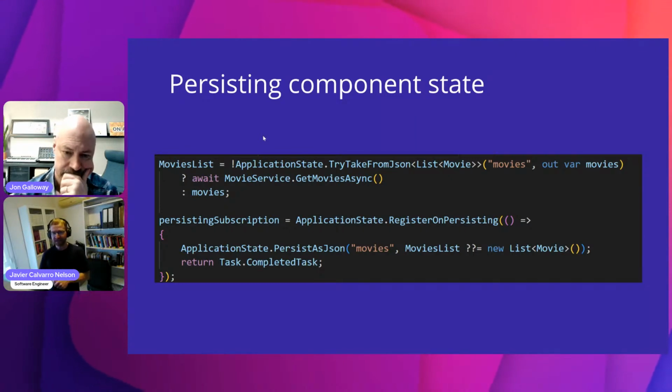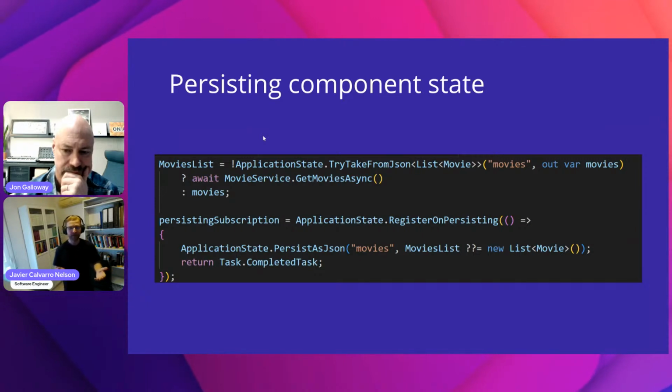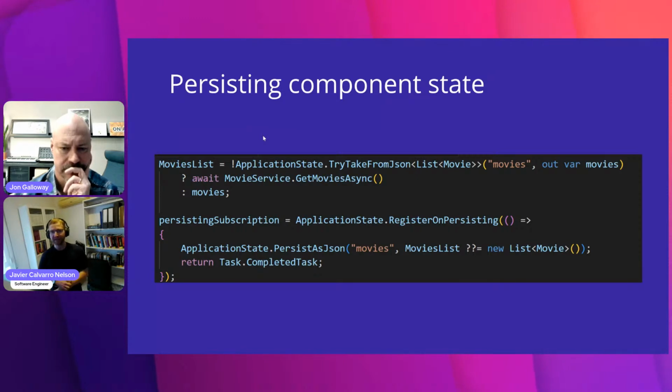The idea is that when you are pre-rendering, you persist the data. When you are rendering in interactive mode, you restore that data that was persisted, and that way you avoid having to fetch the data twice, and you avoid flickering issues and things like that that happen when you do async work in the initial interactive render after the server-side render.